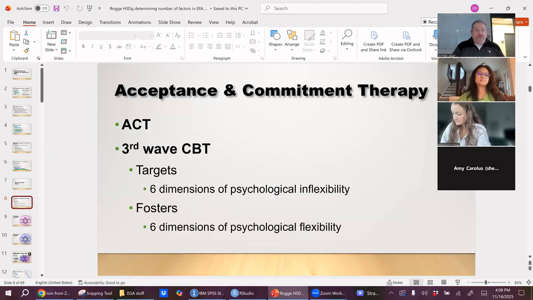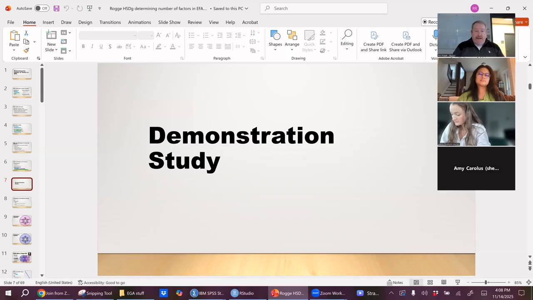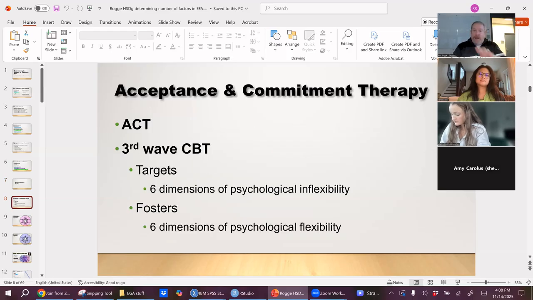So I'm going to be showing you data from a study where we made a process measure for ACT. Acceptance and commitment therapy is a third wave CBT. And with a series of visualizations, metaphors, and in-session exercises, ACT therapists target 6 dimensions of psychological inflexibility, rigid emotional responses, or responses to difficult situations that make them worse.